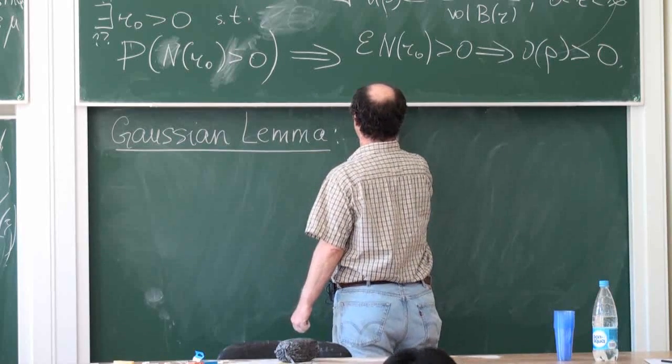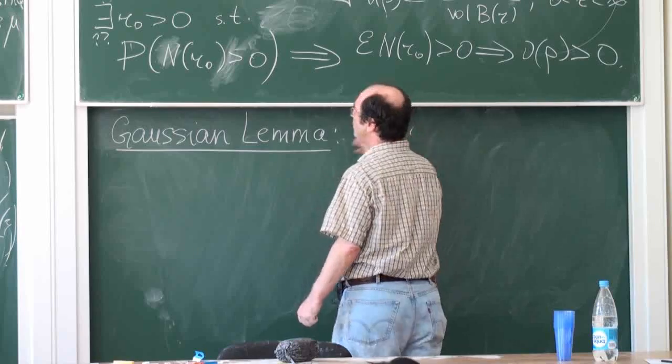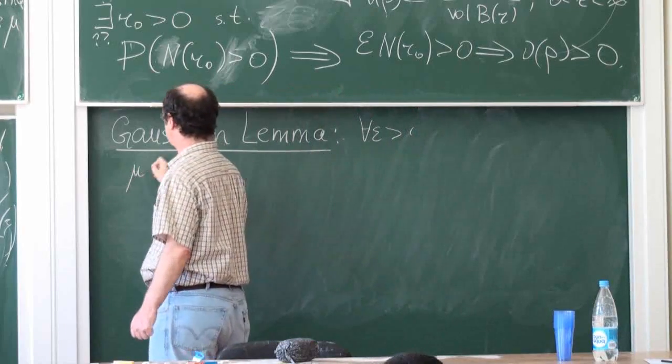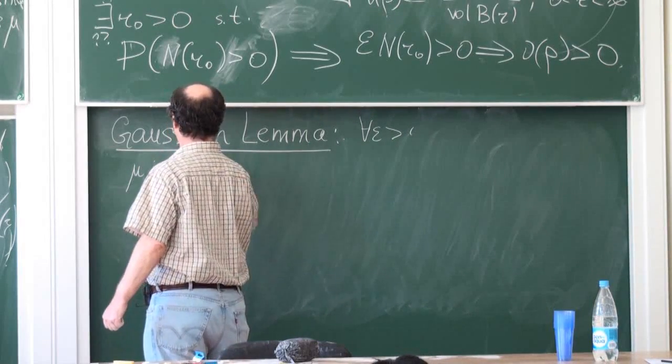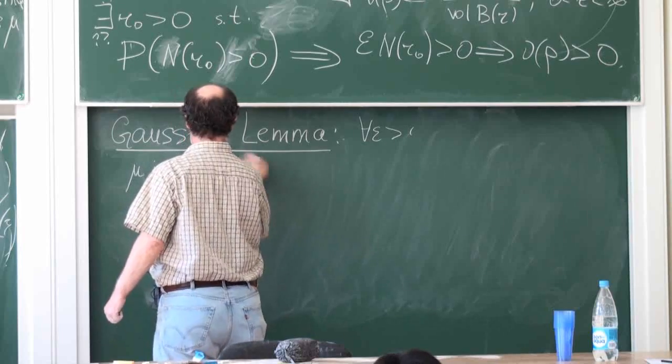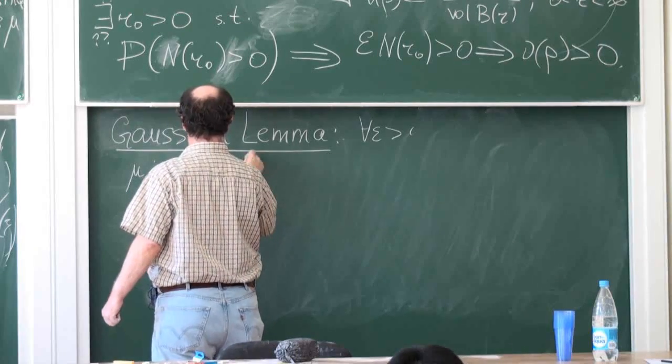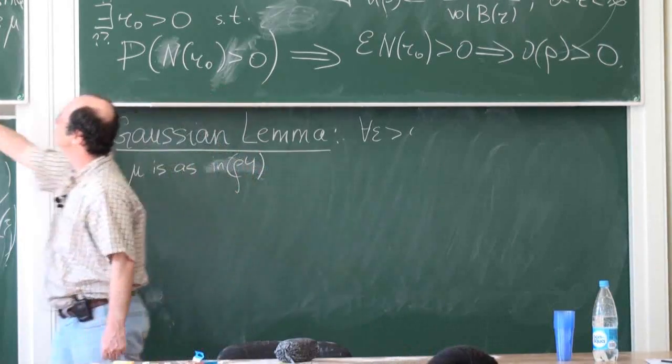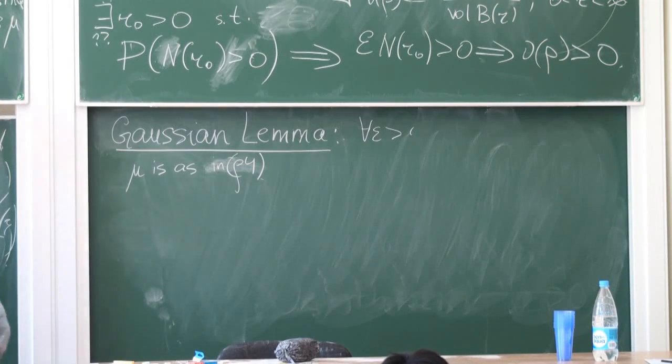For any positive epsilon, suppose that mu is as above, as in our condition rho 4. So this is a Hermitian positive measure with support in the measure of rho.